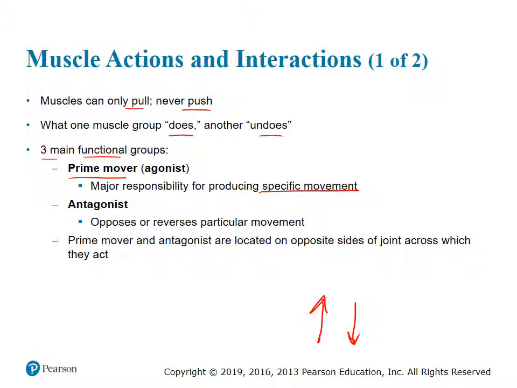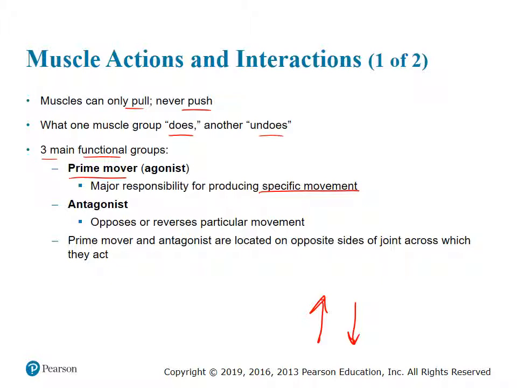We would talk about this muscle being a prime mover, the one majorly responsible for doing this specific job: lifting the leg, lifting our body, standing up, lifting our arms in different directions. There would be prime movers involved in doing that.